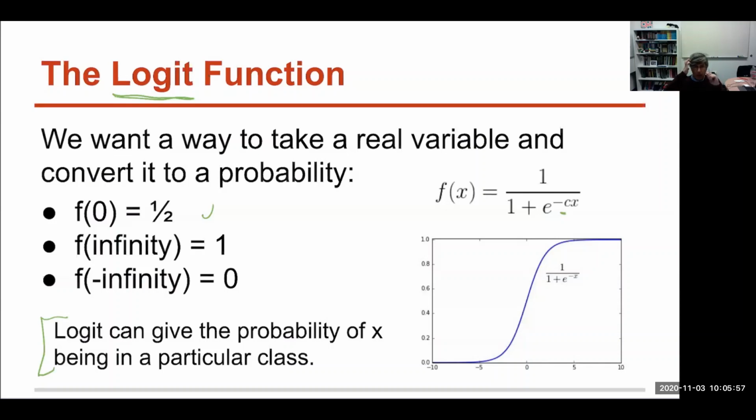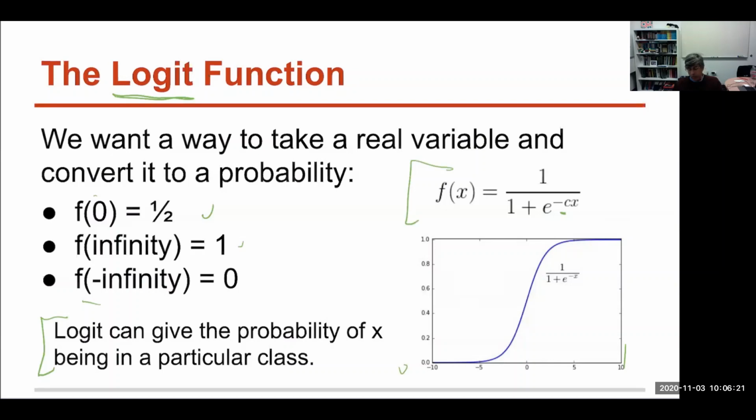Okay, and when we have a value of 0, we're going to say we don't know anything. When we have a very, very positive value, it's going to go to 1. And when we have a very, very negative value, it's going to go to 0. And in particular, if we look at this function, this does the right thing.